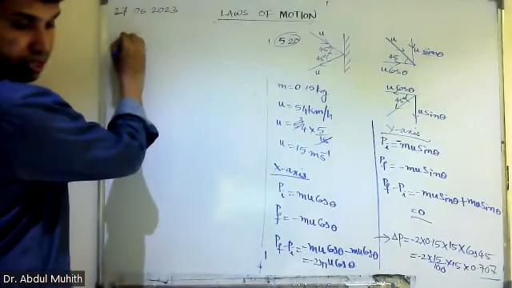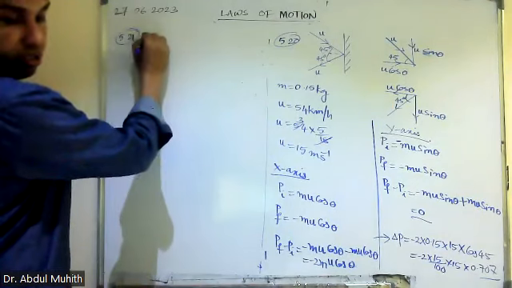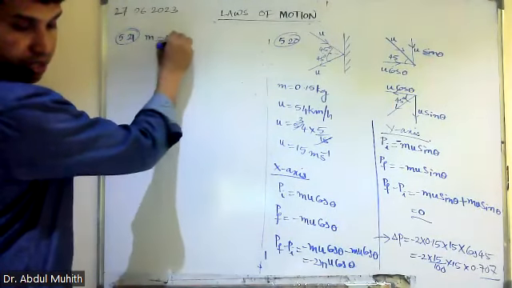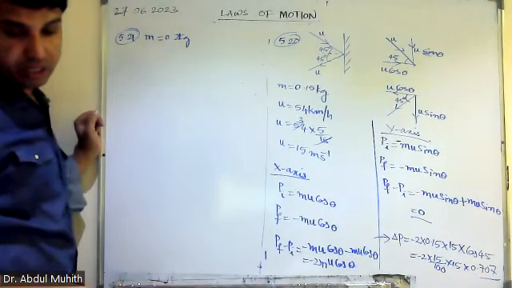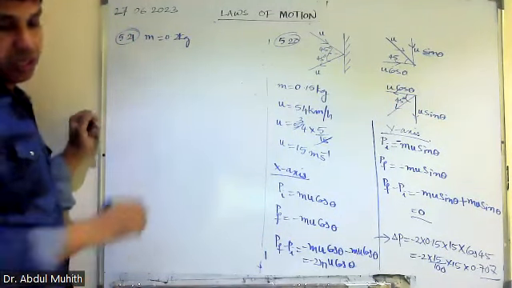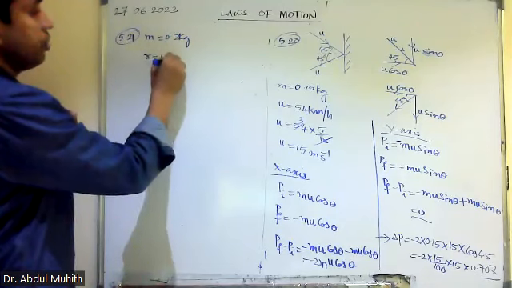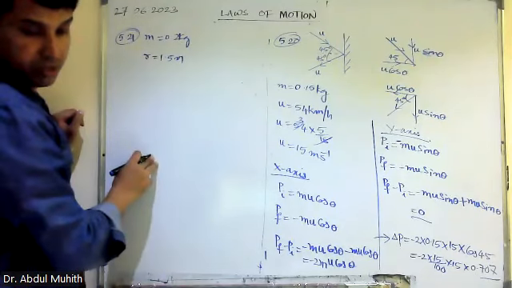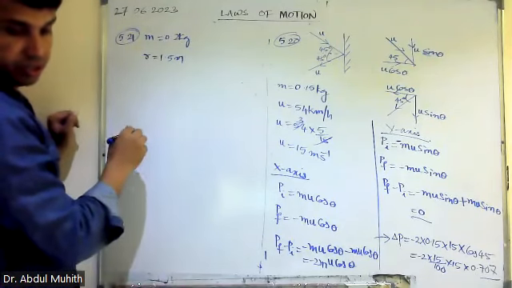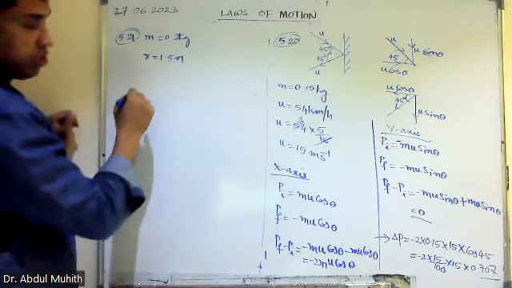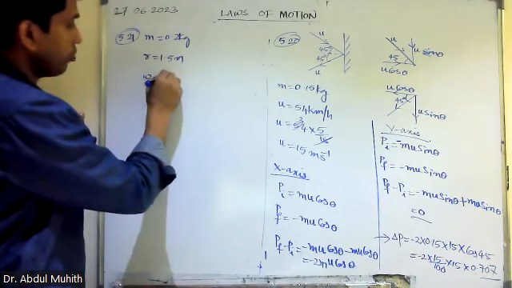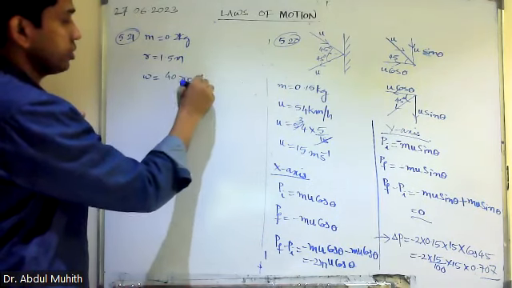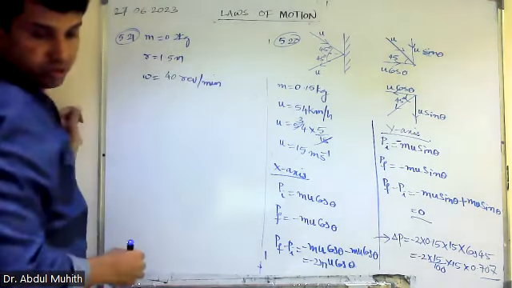So 5.21. A stone of mass m equal to 0.25 kg tied to the end of a string is whirled around in a circle of radius r equal to 1.5 meters, with rotation omega equal to 40 revolutions per minute, in a horizontal plane.